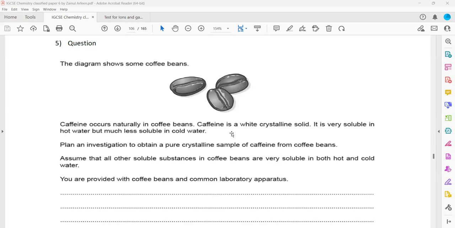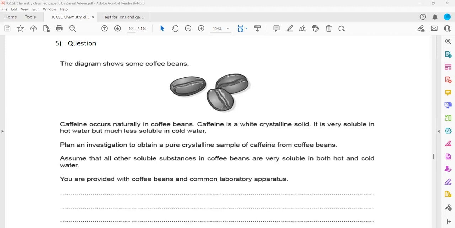So we will add water, then heat, then filtration should also be done because there might be other substances which are insoluble that we remove first. Then we will cool the filtrate and allow the crystals to form, and then we will filter again to obtain the crystals of caffeine.